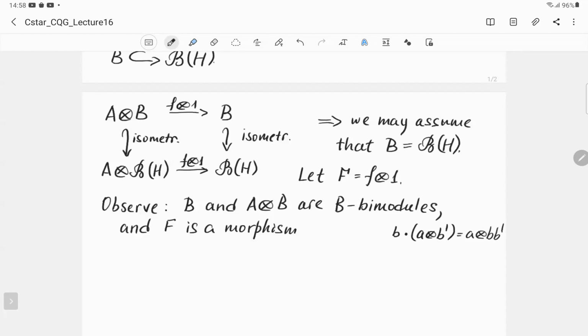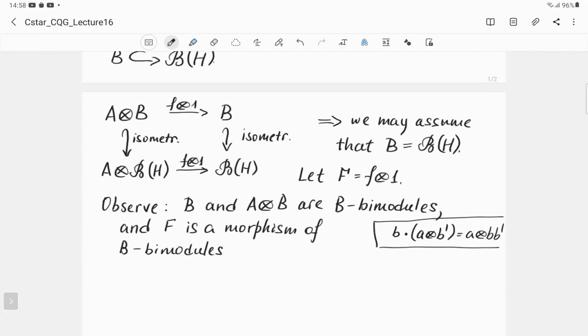So A tensor B becomes a B bimodule. Okay, is that clear? Vladislav? Yeah. Okay. So both B and A tensor B are B bimodules, and F is a morphism of B bimodules. This follows from the explicit formula for F.